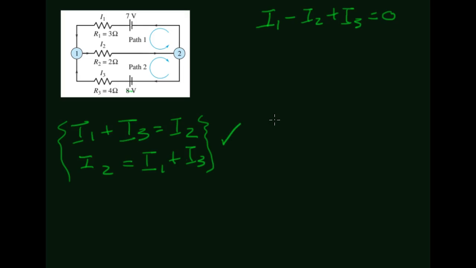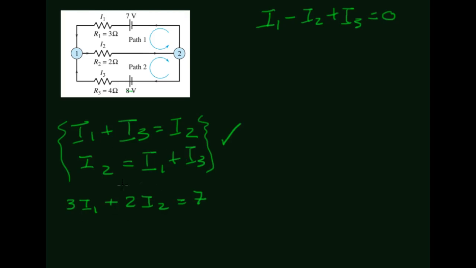Okay, so we've met the network requirement. Everything flowing into a node has to flow back out of it. So now we've got the Ohm's law requirement, right? That the product of the current and the resistance added up on a single path has to equal its voltage. So let's take this first path here. Here I've got a resistance of 3 times a current of I1 plus a resistance of 2 times a current of I2 has to equal 7 volts.